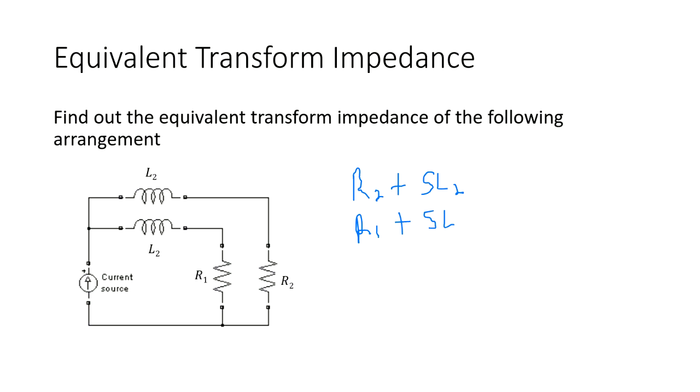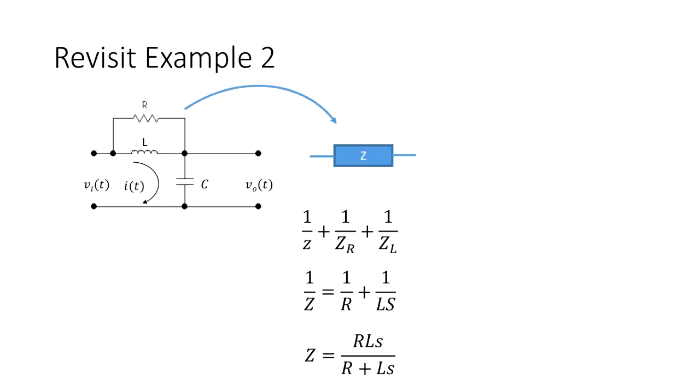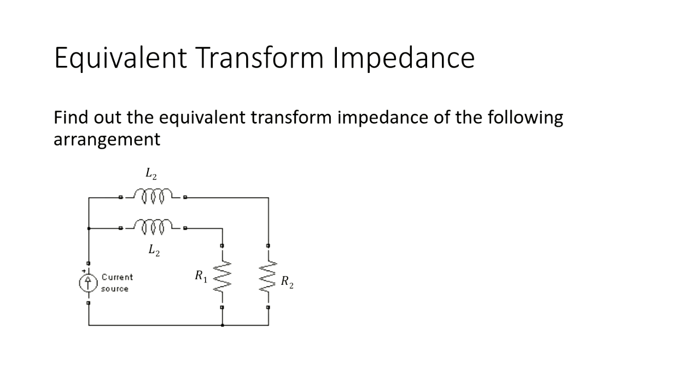So let's say SL2. So now, if they are in parallel, then we can just write R2, SL2.